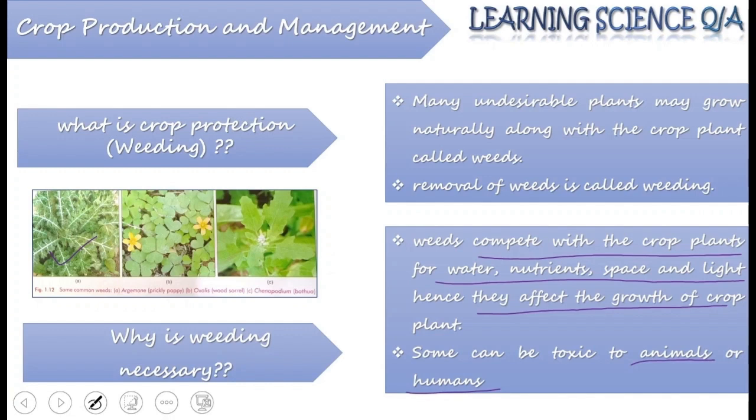That means if the weeds are toxic and if they are cut down with your harvested plant, the toxin will be mixed up with the fodder or the harvest. So it is necessary to take out the weed from the crop plant. And the process of removal of weed from the crop plant is known as weeding.